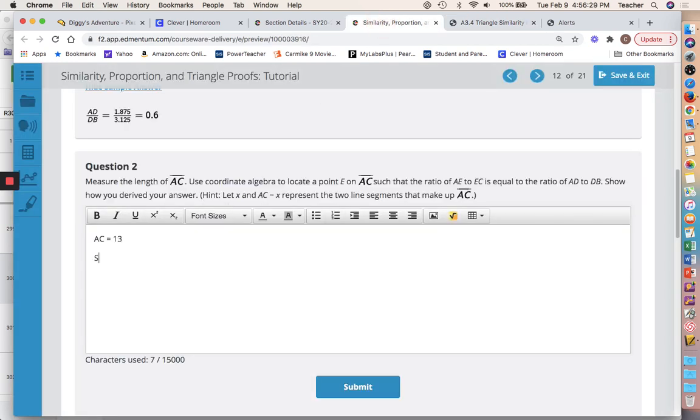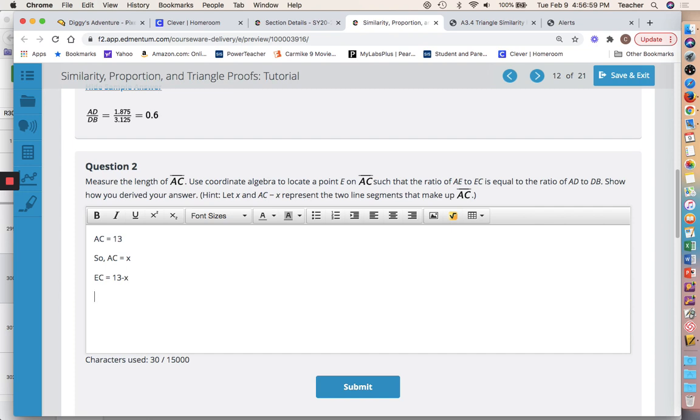All right, so what they're saying is that AE is going to be our X. That means that EC is going to be our 13 minus X. Okay, so now we got the same proportion.